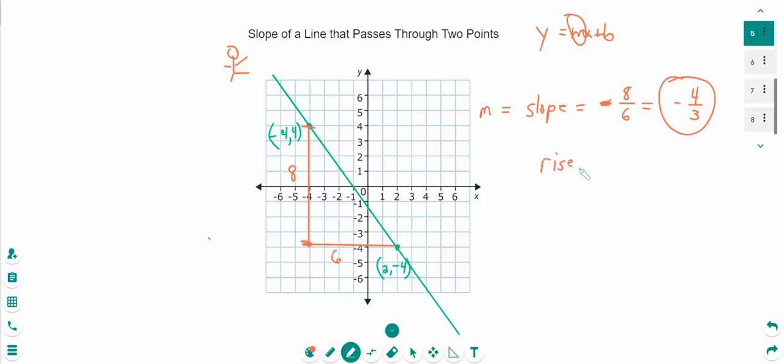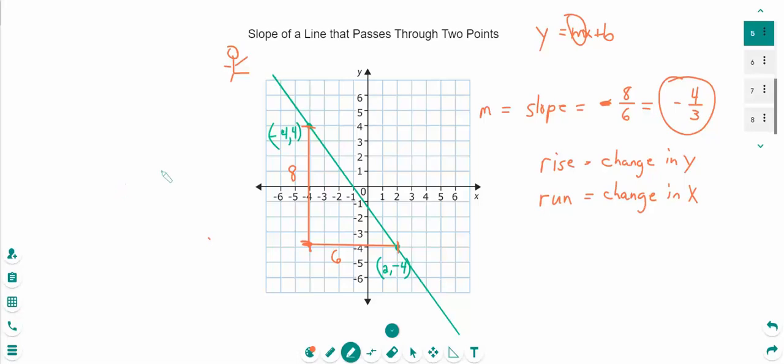The rise is equal to the change in y. And then the run is equal to the change in x. Okay? That's kind of the formal definition of those two, rise and run.